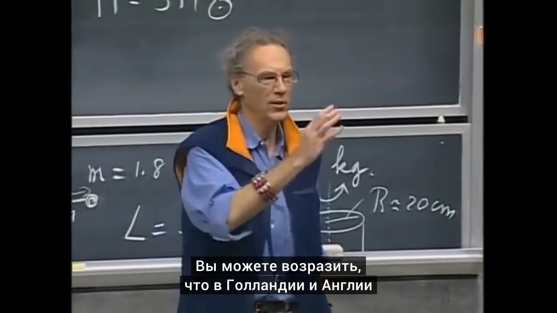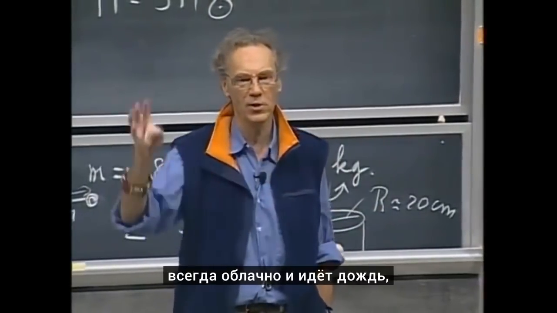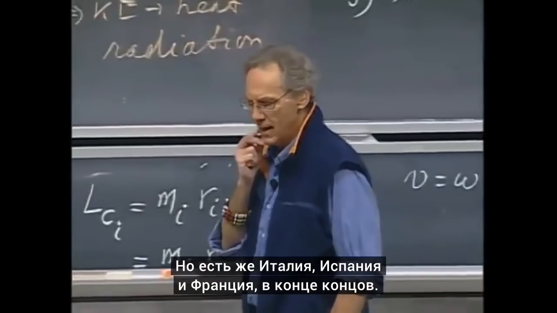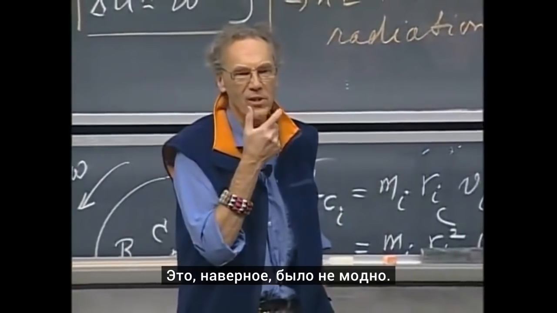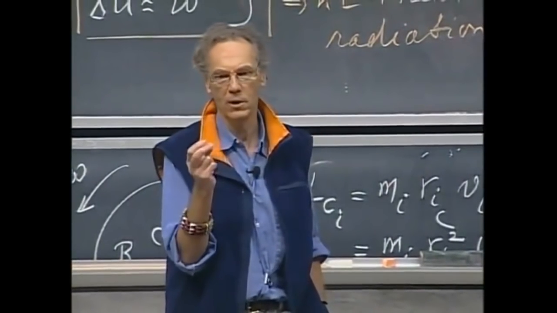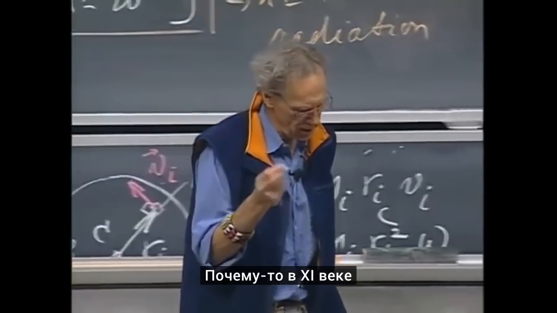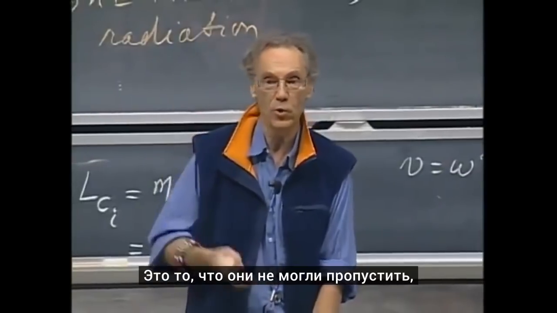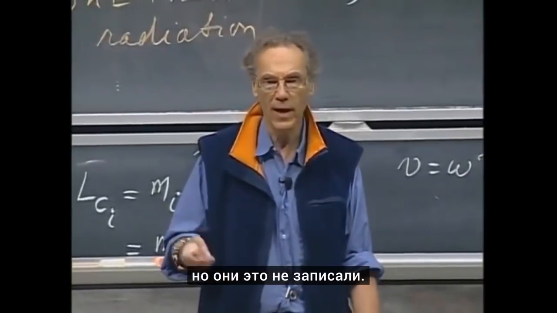Now, you can argue that in the Netherlands and in England there are always clouds, it's always raining, so you can't see the sky. Okay, I grant you that. But then we have Italy, and we have Spain, and we have France. And it is very strange. It must have been a cultural thing somehow. In the 11th century, somehow, Europe was not interested in looking at the sky. This is something they could not have missed. But they didn't write it down.